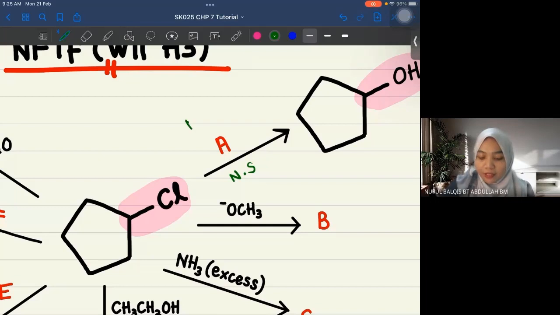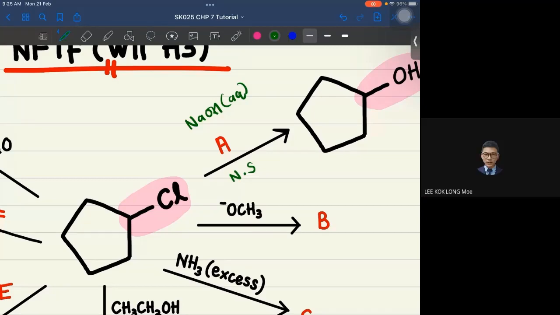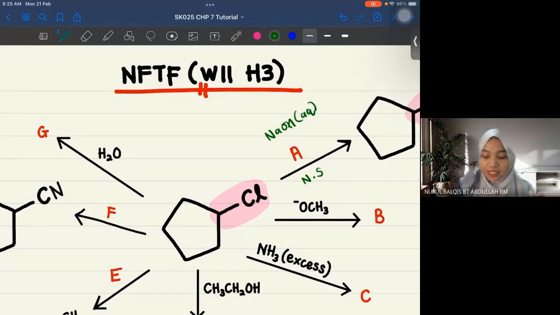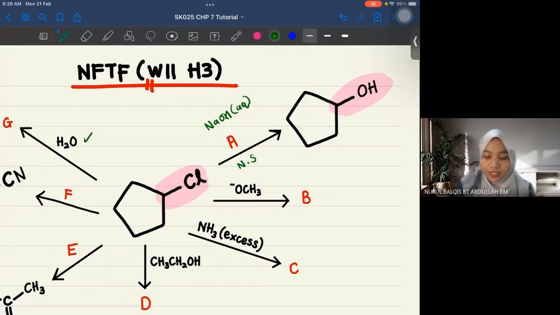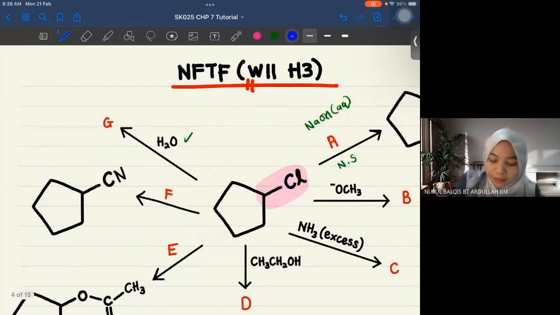Okay, it can be sodium hydroxide in aqueous state ataupun water kan? Tapi sebab kes ni dekat dalam soalan yang sama kita ada dah water dekat sini, jadi kita tak payah suggest water lah, kita suggest sodium hydroxide. So maksudnya kita dah boleh dapat dah jawapan untuk G kan? G kita akan dapat produk yang sama betul tak?